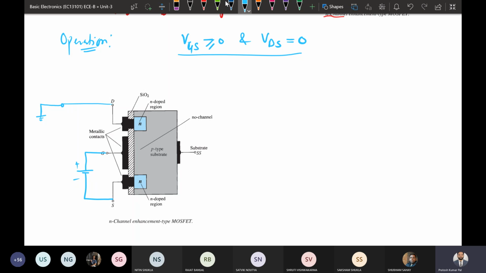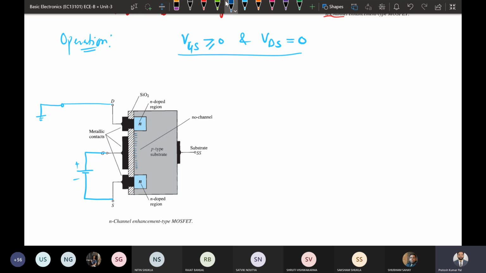If this is the case, what internal processes will be happening here? As we apply a positive gate voltage, because of this positive applied gate voltage, the minority charge carriers available in this p-type, that is electrons, will start accumulating near the oxide layer.